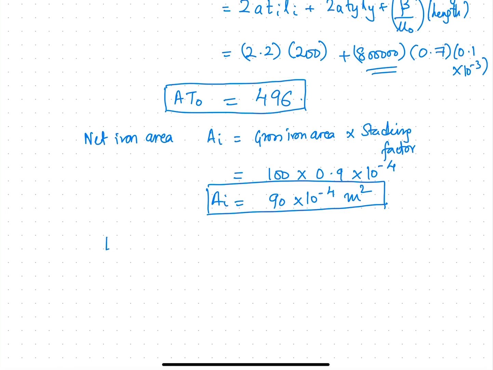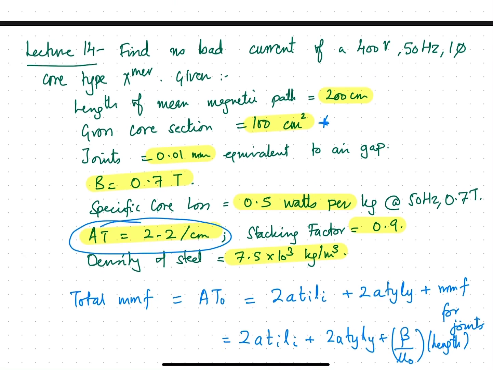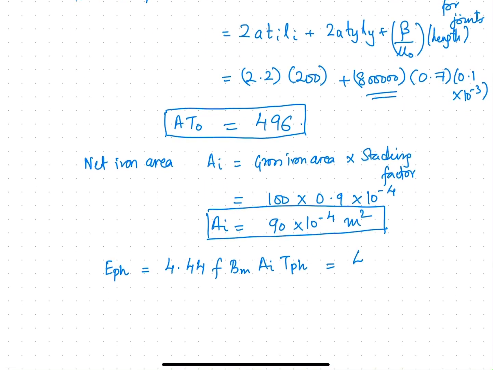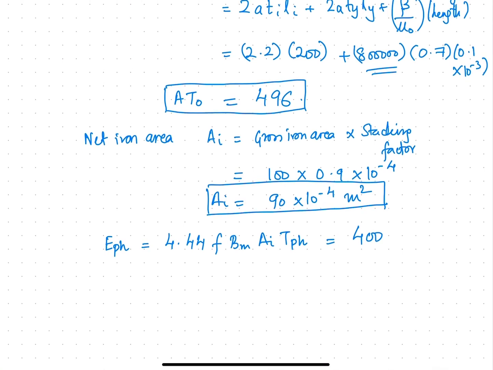Then the EMF per phase, since this is a single phase, it is 4.44 f Bm AI TPH. This is given to us to be equal to 400 volts. So here we calculate the turns per phase.